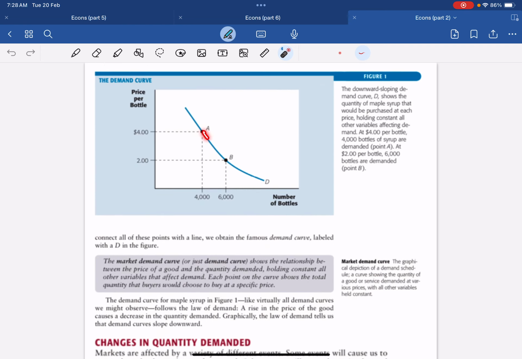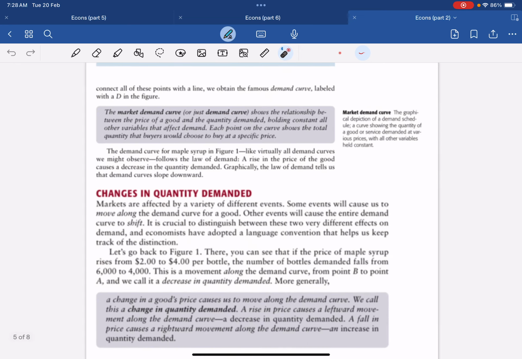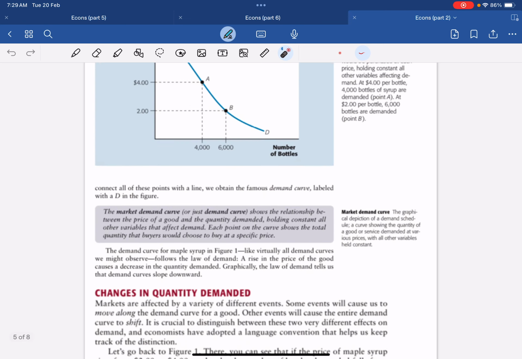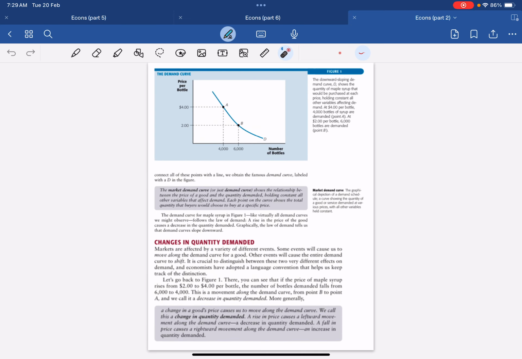And so any change in the quantity demanded, like from A to B, means an increase in quantity demanded. Then there must be a fall in the price. So to move along the demand curve, you need to have a change in your prices.